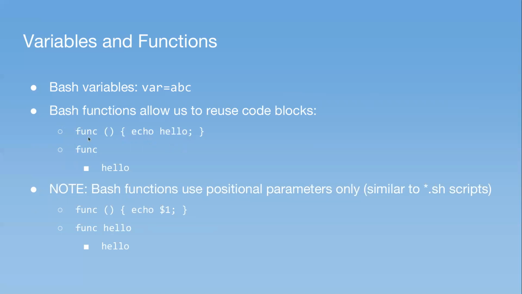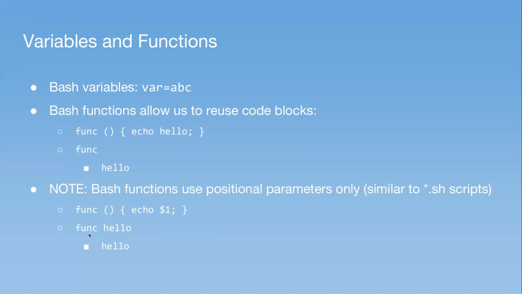In this case, we've defined the function func, and if we type in the function name, it will print out hello. Note that Bash functions use positional parameters only. Here I've replaced hello with $1, and $1 references the first positional parameter.